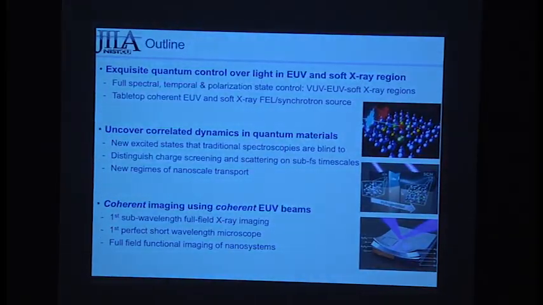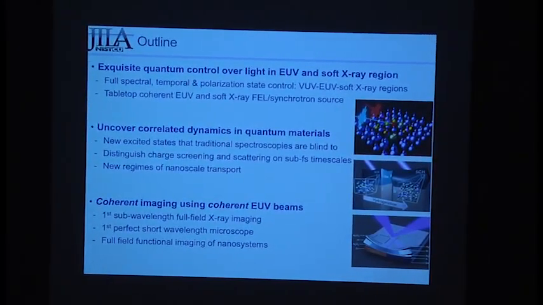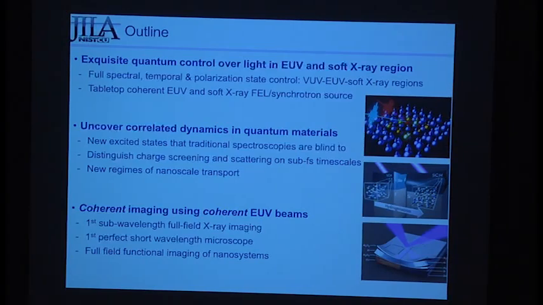And so, as Lena said, yesterday I told you how we make tabletop high harmonic beams, and today I'll tell you one of the areas where the coherence matters. It turns out they're a really fabulous tool to understand correlated materials, and the reason is the energy scales are right.